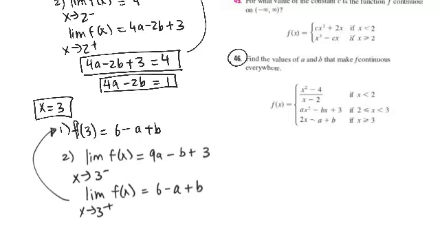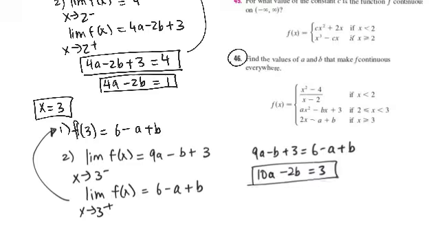So we want to set these two things equal. 9a minus b plus 3 has to be equal to 6 minus a plus b, because if it is, the overall limit will exist and it will be the same as the function value. So this becomes 10a minus 2b is equal to 3, and that's my second equation.